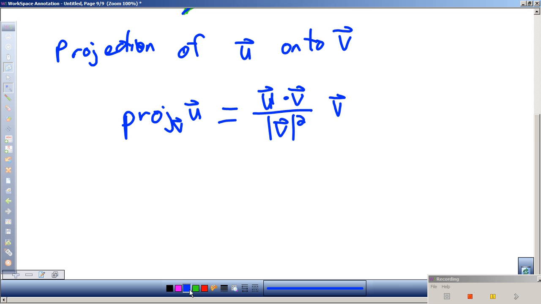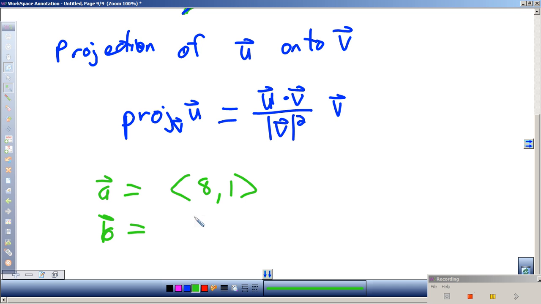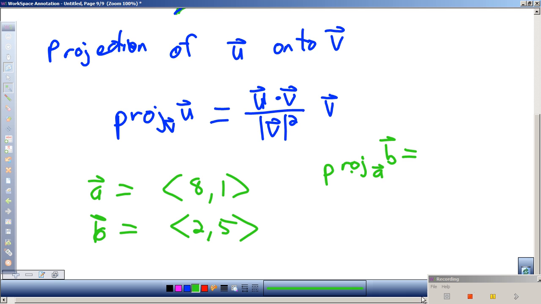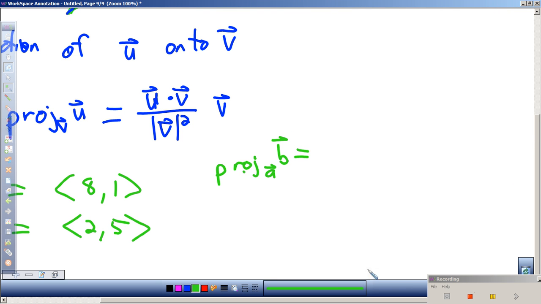So if we wanted to say vector A to be 8, 1, vector B to be, say, 2, 5, projection of B onto A is equal to. So first, A dot B. 21.